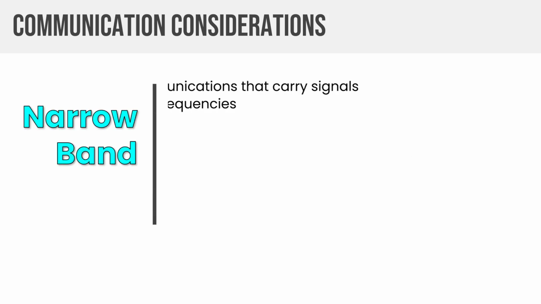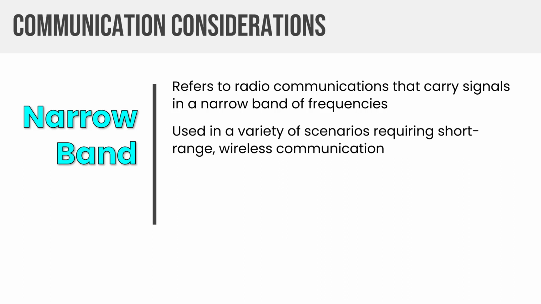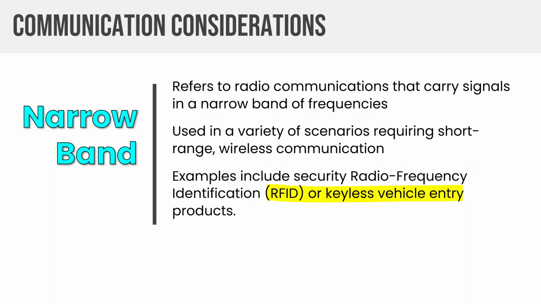So narrowband. This refers to radio communications that carry signals in a narrow band of frequencies. It's used in a variety of scenarios requiring short-range wireless communications. Good examples would include RFID or keyless vehicle entry products.